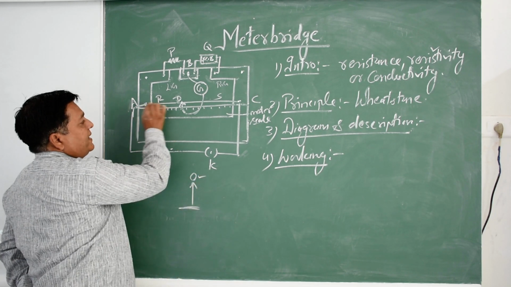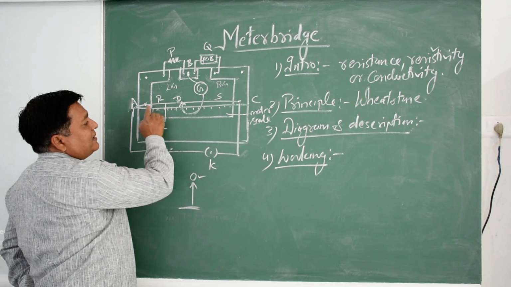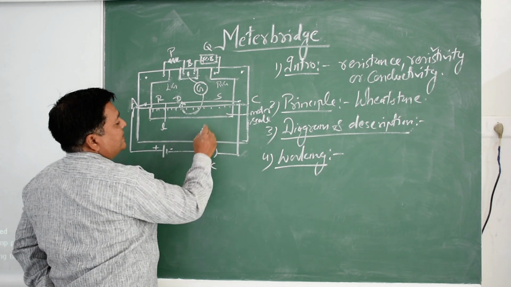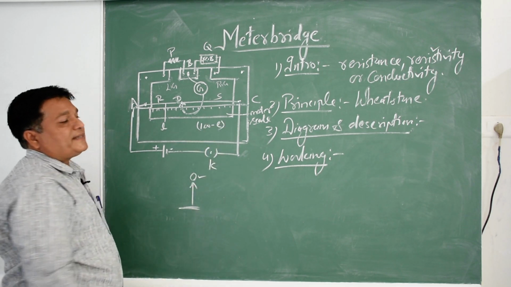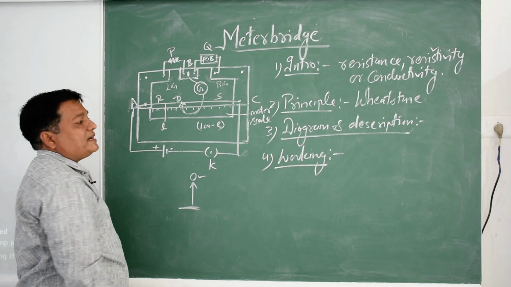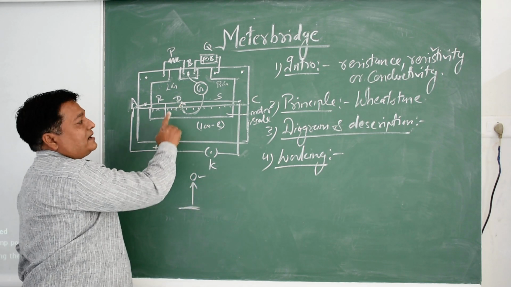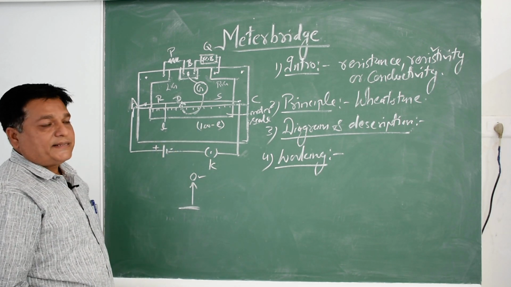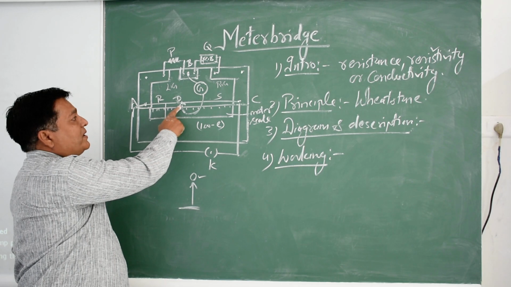From A to D we consider the balancing length as L. The remaining length D to C is 100 minus L. Why? Because this is a 1 meter wire, which means 100 centimeters. Up to D there is length L, so the remaining length will be 100 minus L. In this way we get the balancing condition at point D.